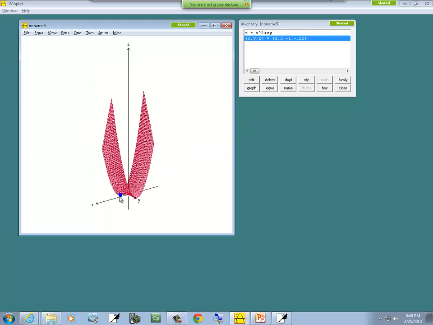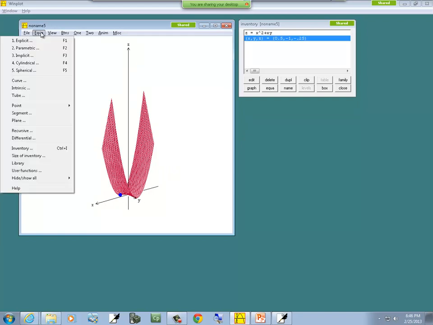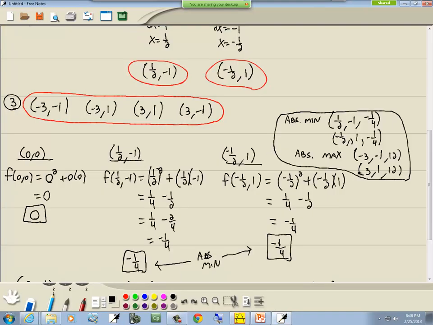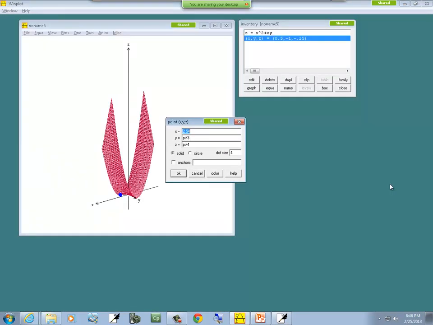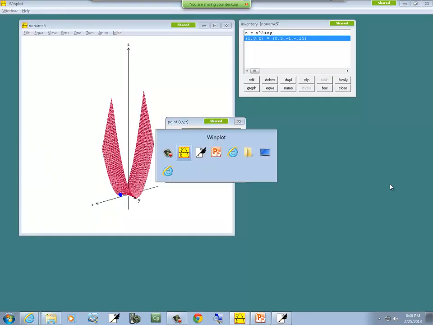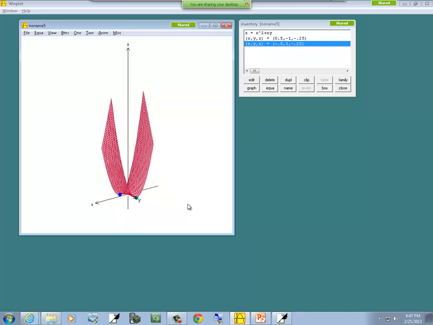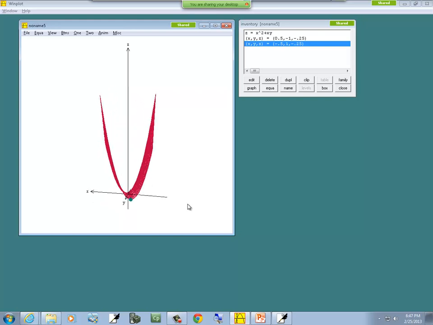And see, there's one of our low points. Now equation, point, Cartesian. Now choose our other one. Our other one was -0.5, 1, and -0.25. And click OK. And you can see that's our absolute mins there.